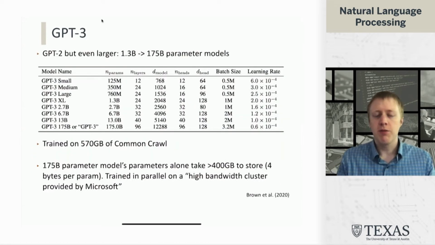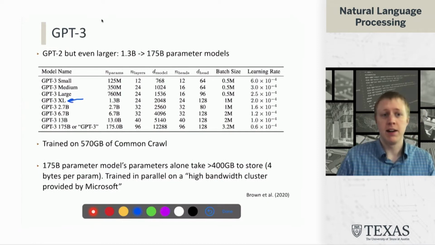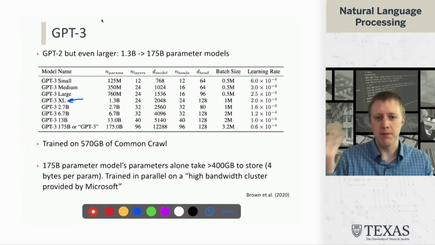So this is what led to GPT-3, this observation about scaling. You can see here in this table that GPT-3 XL is a model that's basically the size of GPT-2. Then as the models get bigger, all of these hyperparameters that control the size of the model get bigger.